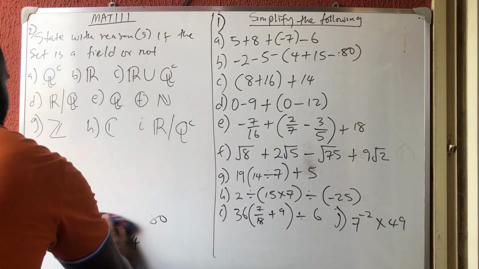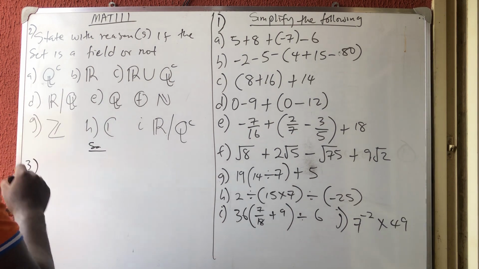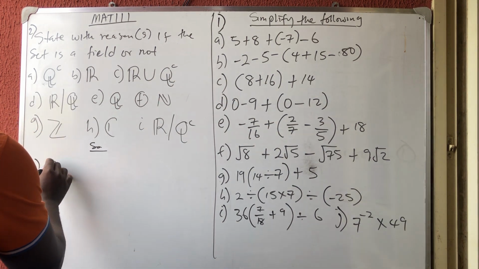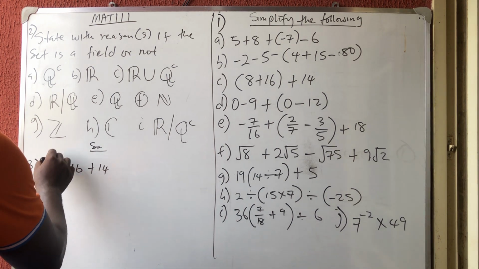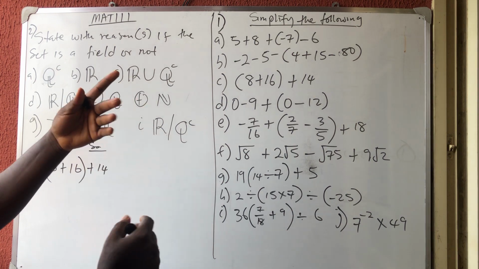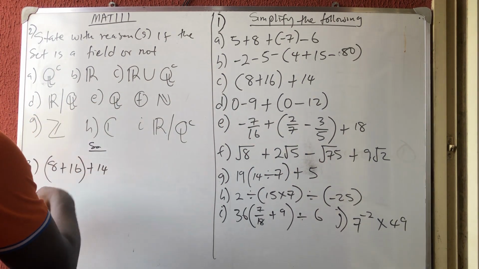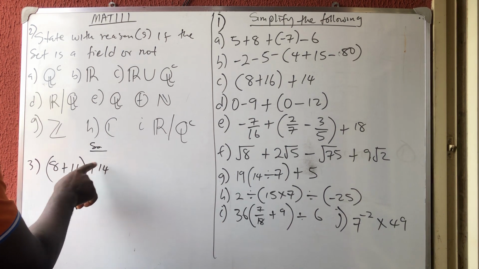So let's talk about number 3. Number 3 solution, that is C. I'm having 8 plus 16 plus 14. We are not opening with any brackets because there is nothing beside the bracket, so you can just remove the bracket the way it is, or you can just get this plus this then add it to this.